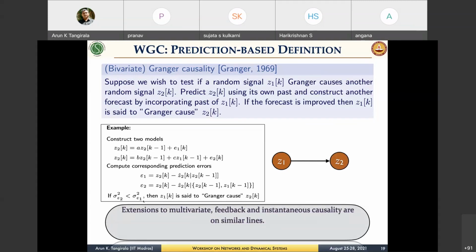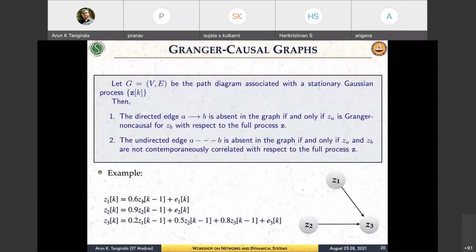And you can extend this to multivariate and handling feedback, that is bidirectional causality and so on, and to a certain extent accounting for instantaneous causality. I will not talk about the instantaneous causality part in today's talk. But the important thing is the definition is not tied to a method of prediction. Keep that in mind. So once you figure out the Granger causality between variables, then you draw a Granger causal graph.